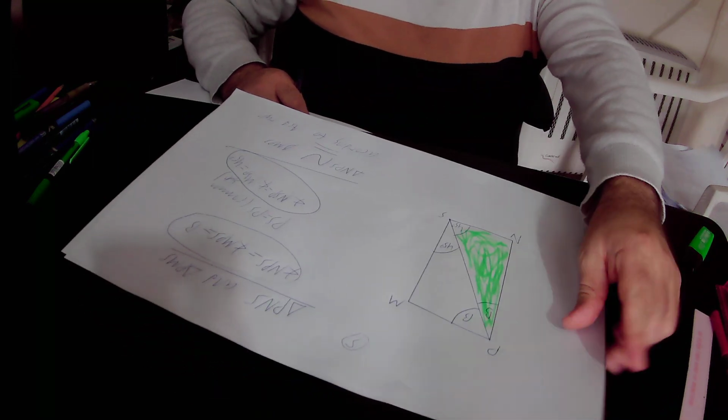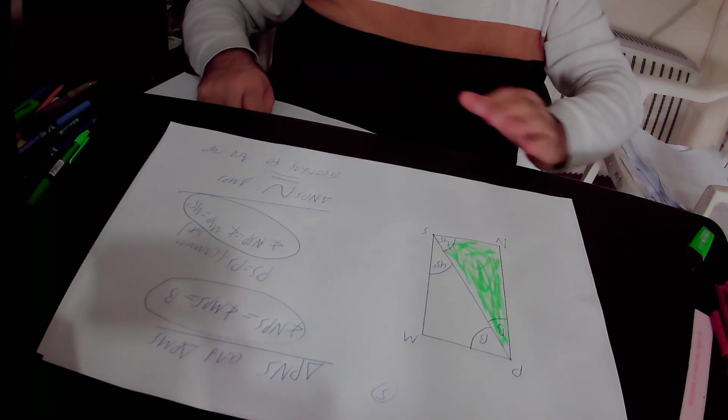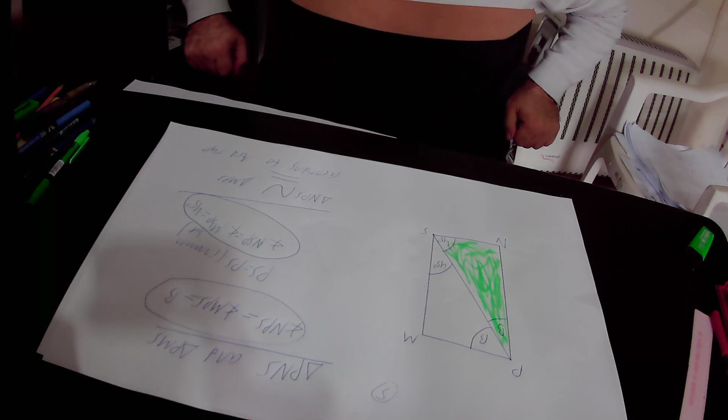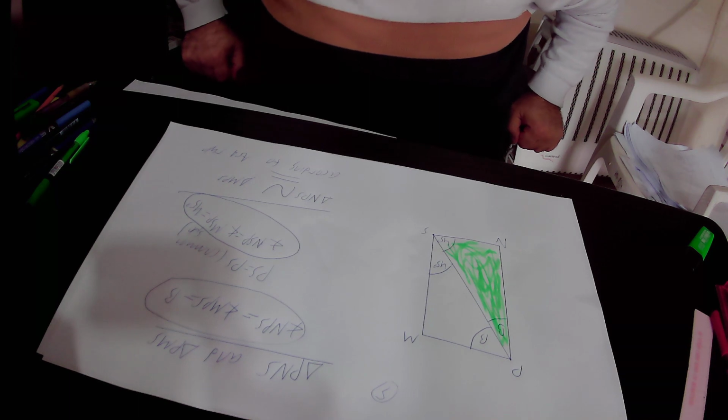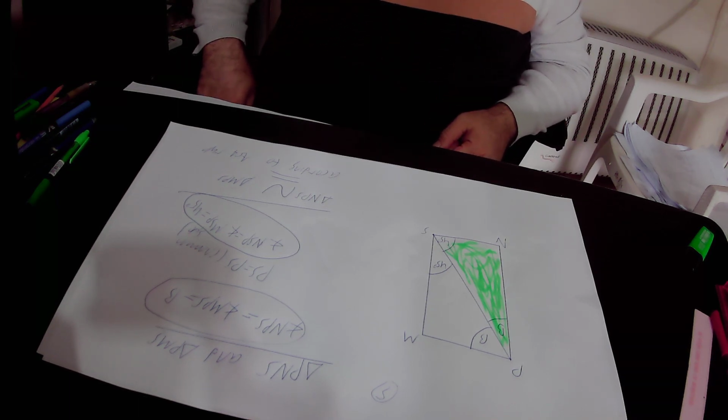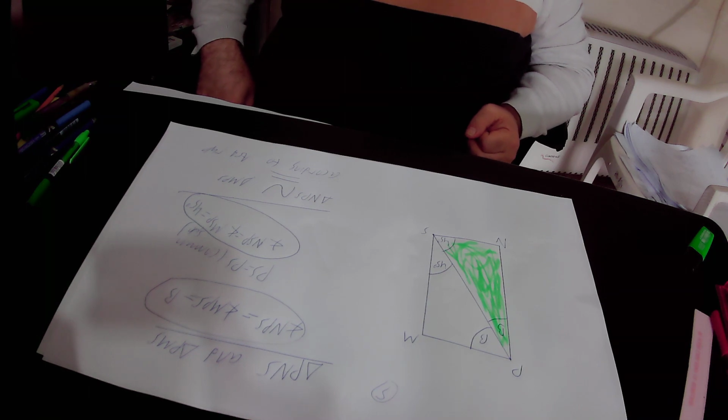So what is the angle side angle rule? The angle side angle rule is that if you prove that two angles and the side that is located between them in one triangle are congruent to two angles and the side that is included in another triangle, then you prove that those two triangles are congruent to each other.